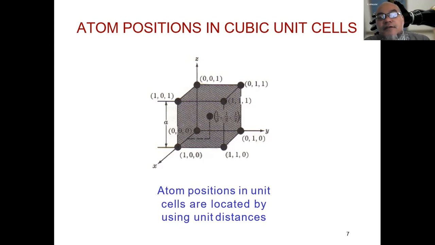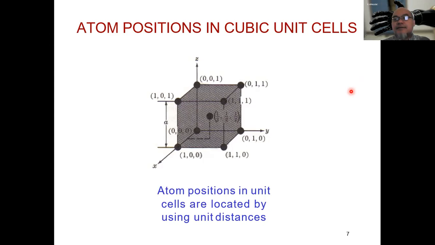If it is in the middle, then it will be half. If it's 1/3 of the unit lattice, it will be 1/3, etc. For each of the 3 axes, they are shown as separate numbers, separated by commas, and all located within parentheses.